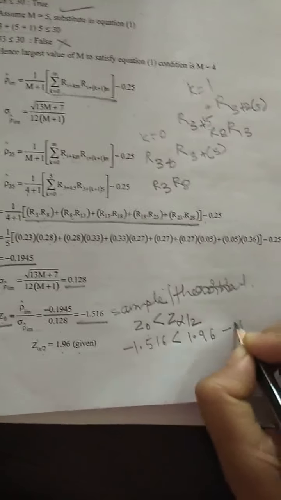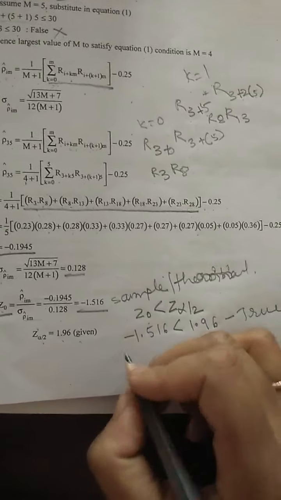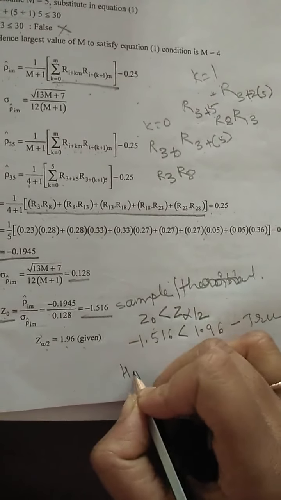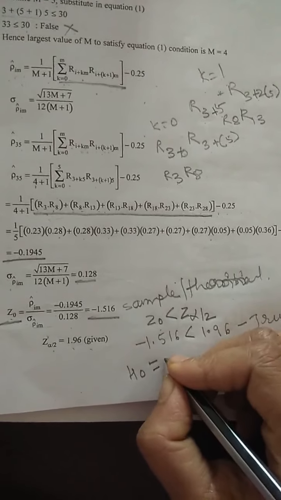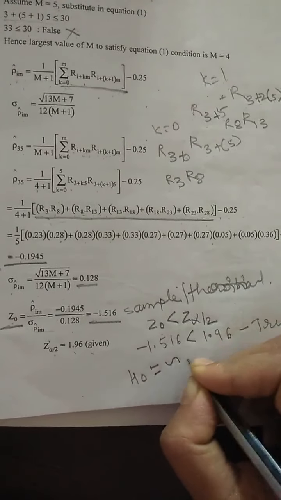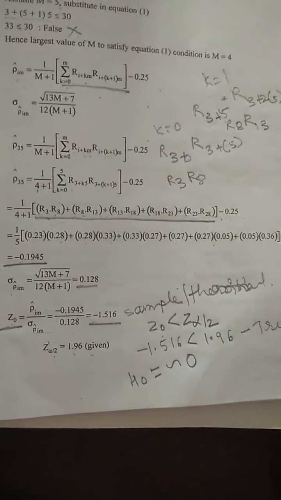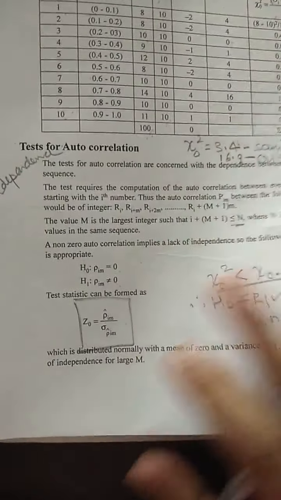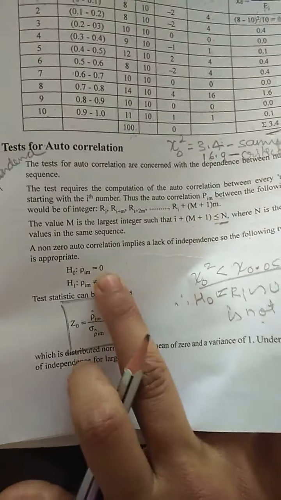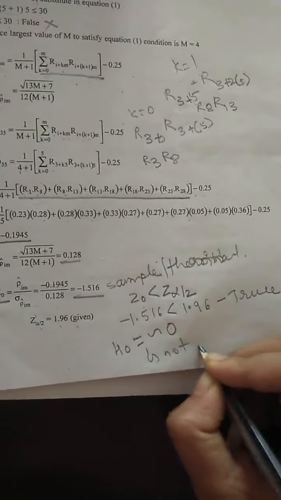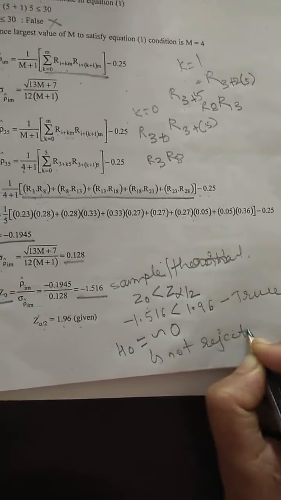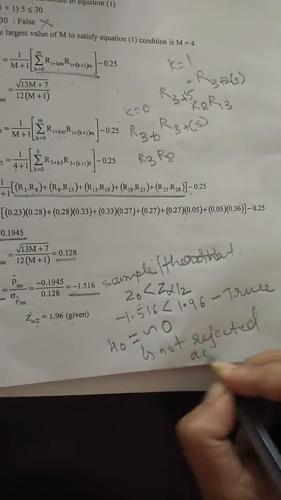This condition is true. Therefore H naught, the hypothesis that it is equal to 0, meaning the numbers are independent, is not rejected, or you can write, is accepted.